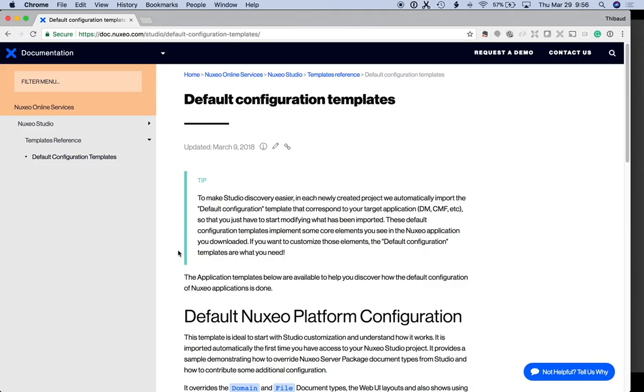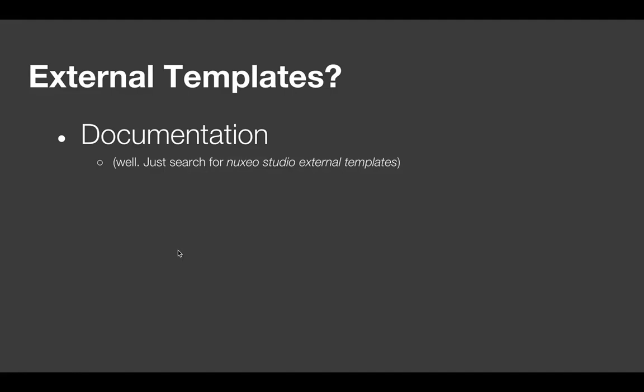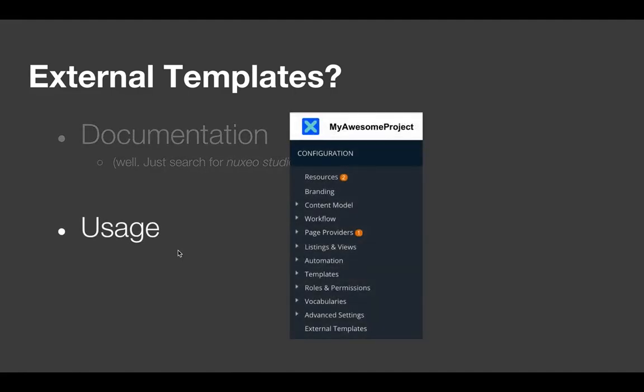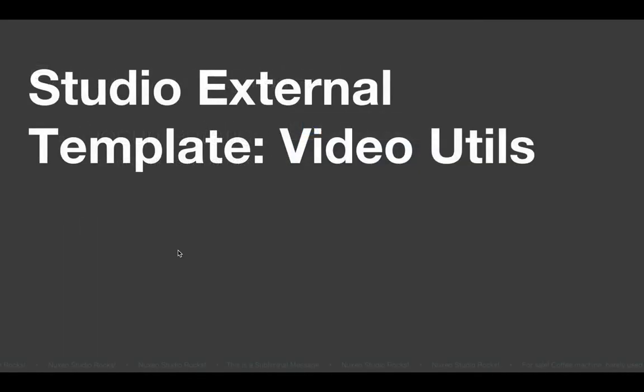So it's a very good way to learn because, for example, you can import the default serial and parallel workflow and see and learn how they work, and also modify them if you wish. A template can be installed and uninstalled. So basically, usage is that in your project, you just go to external template, look at the list of templates, and import the one you want. This was a very quick reminder of what it is.